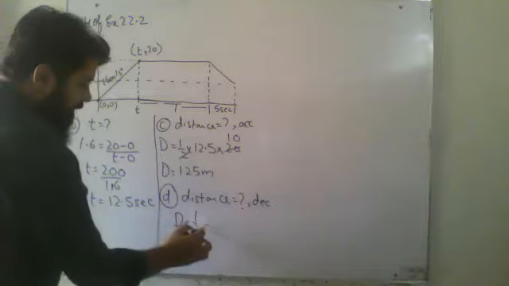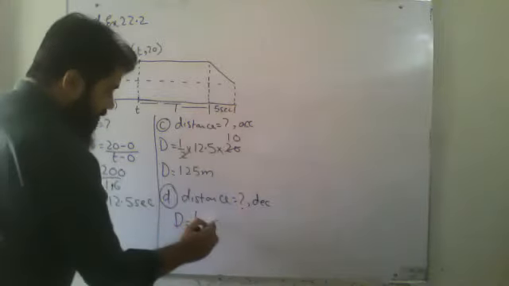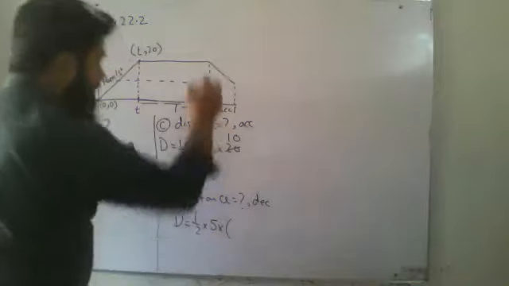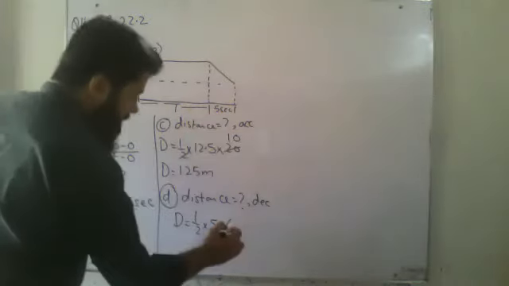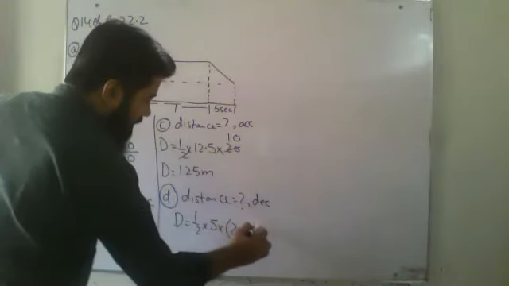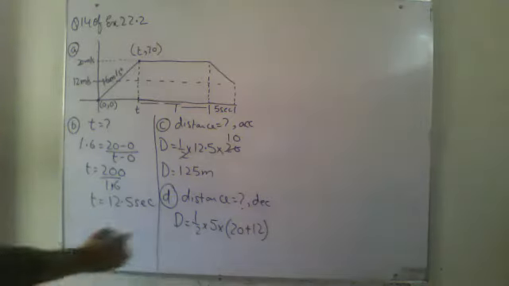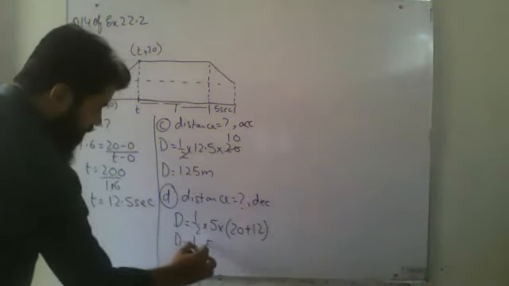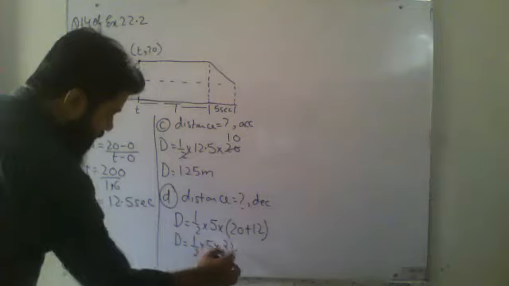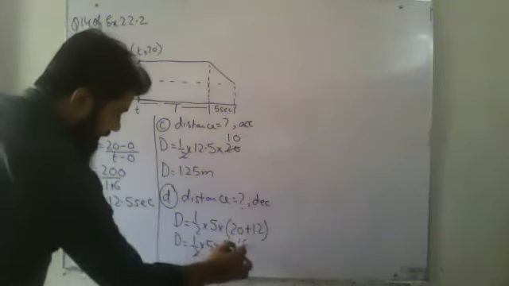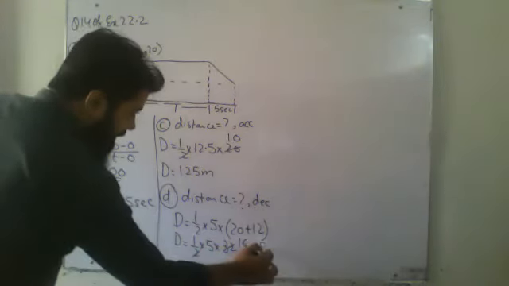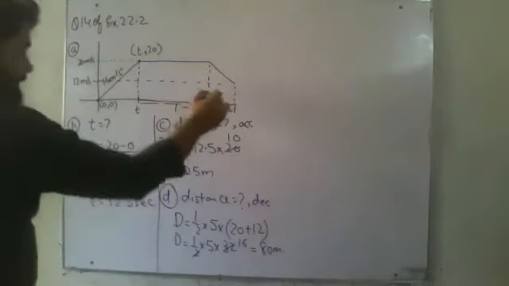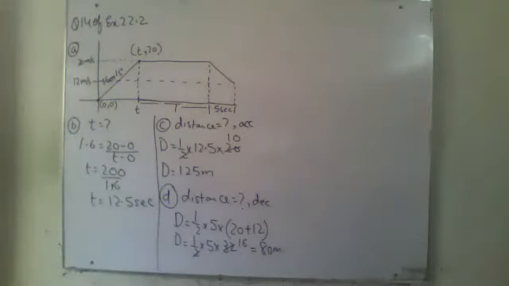So half into height, which is given as 5, into the sum of parallel sides, so this is 20 and this is 12. 20 plus 12. Okay, so d equals half into 5 into 32, cancelling, that is 16. So 16 into 5 will be 80 meter. The distance covered in this time is 80 meter.